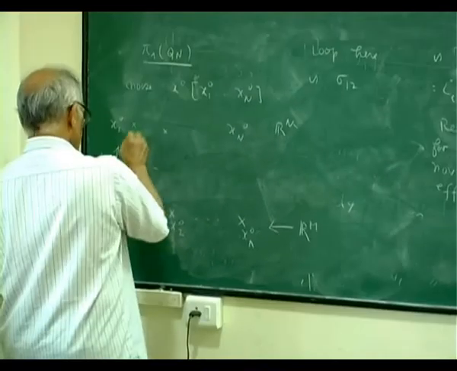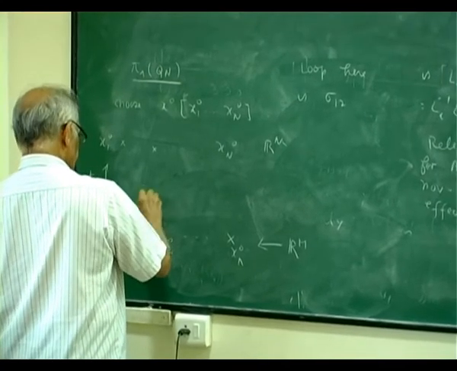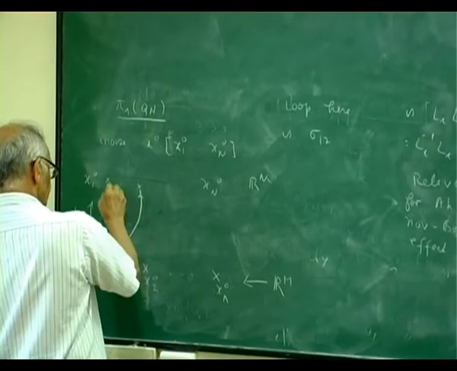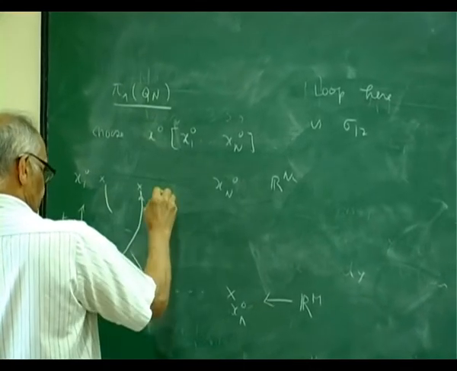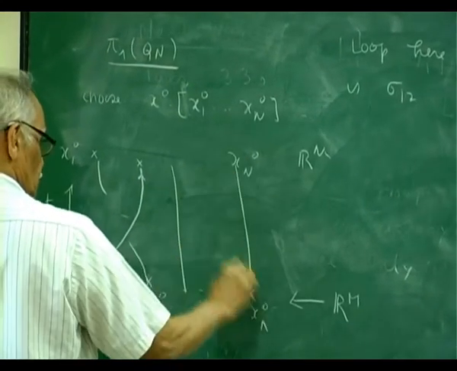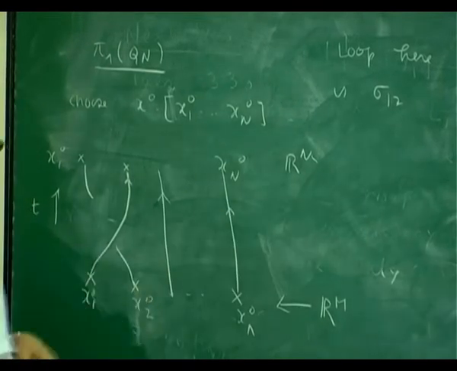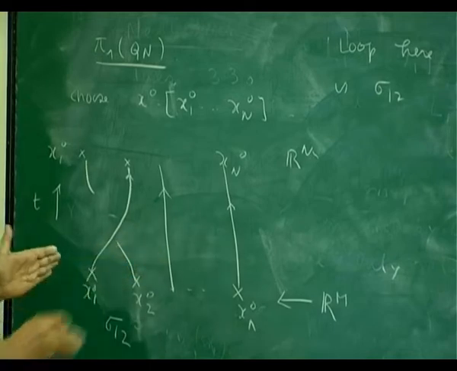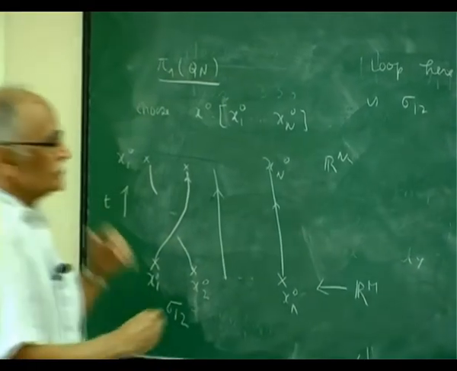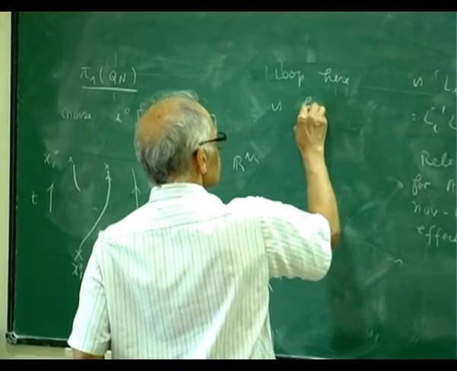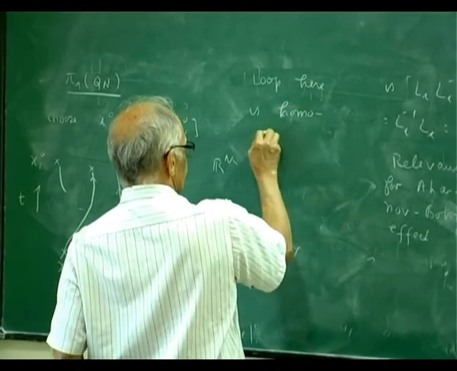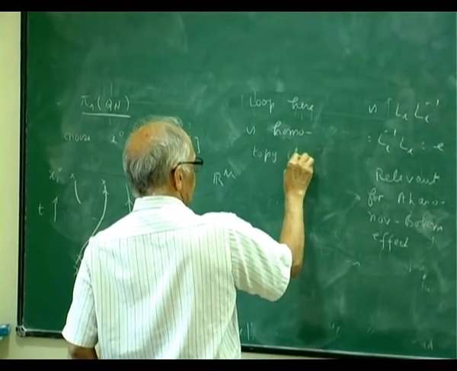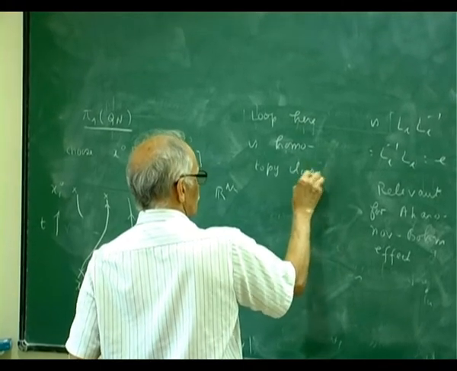So t, the parameter of the loop, is going this way. What do I do? I move this to this point, and this one, let us say, move it behind. The rest I don't move. This is sigma 1 2, the loop, the homotopy class of this loop.